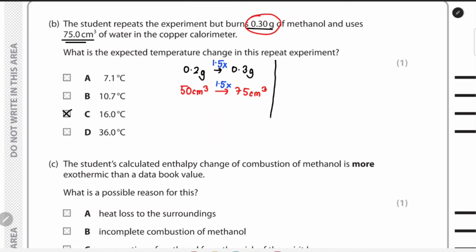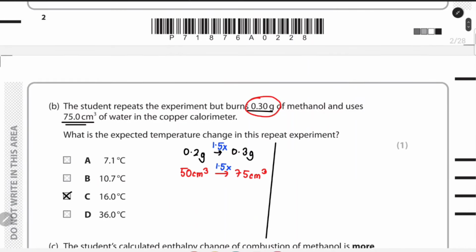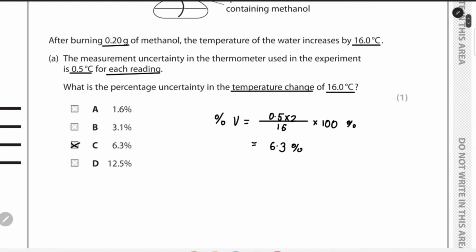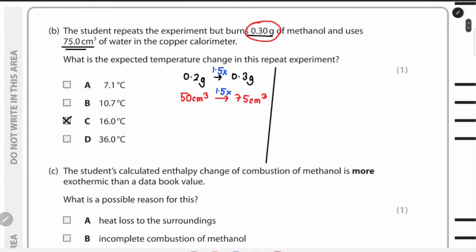A more proper way or a longer way to do this would be finding the value of the energy change for 0.2 grams. So the energy for 0.2 gram was the mass of water, 50, into C, into 16.